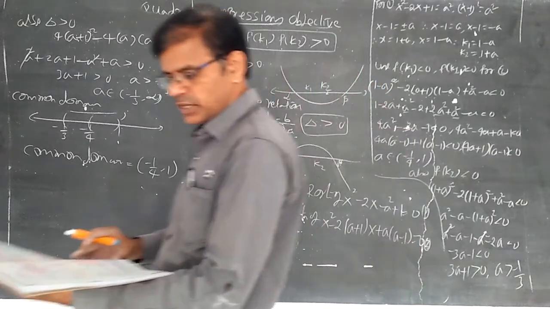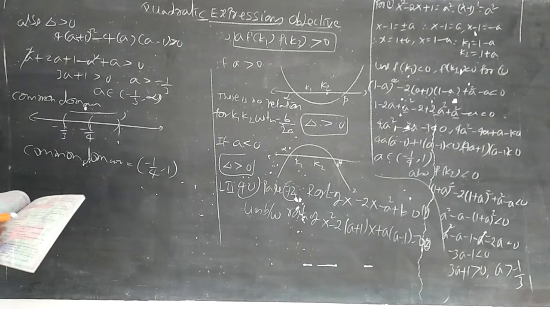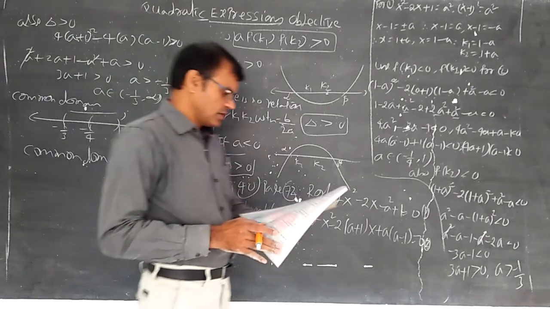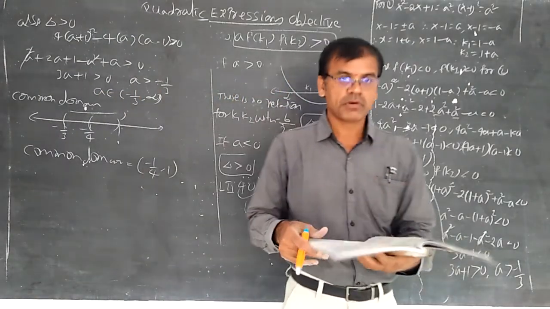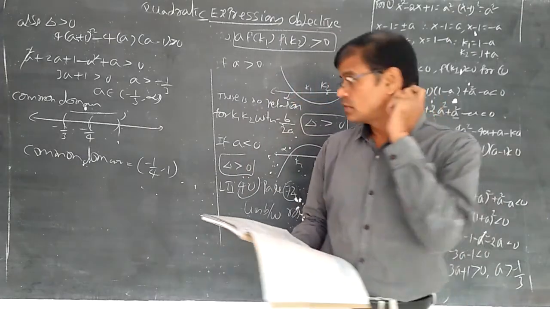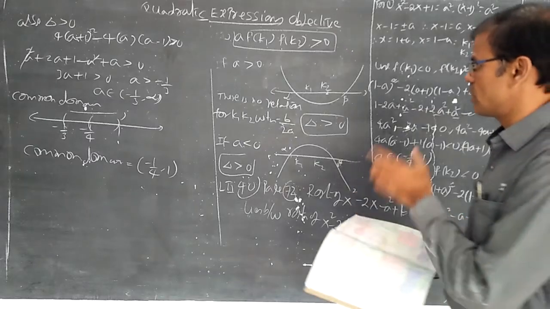Now another case is there for the location of roots. The other case depends upon the K1 K2 concept. We discussed in the previous location of roots concept: K1 K2 lie between two roots. Now K1 K2 lie between, we got this one.